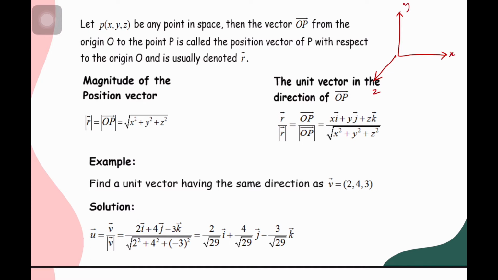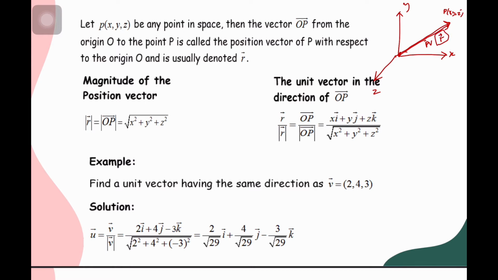If we have one vector from the origin to the point P, with x, y, and z, we call it a position vector, or we denote it with the symbol R. This one means the position vector.